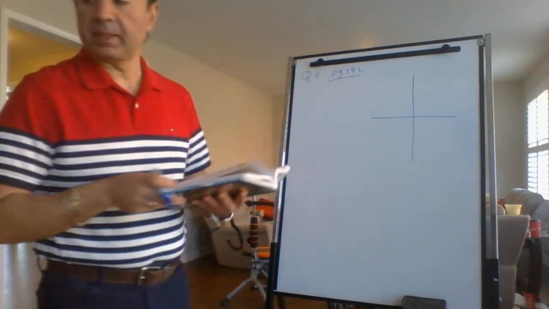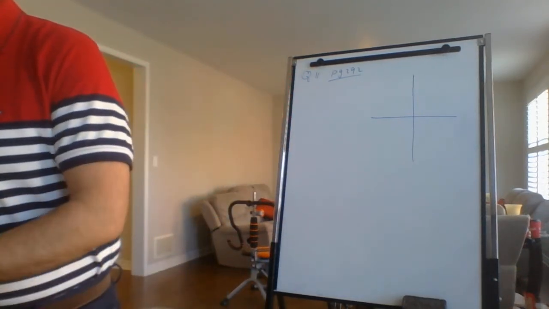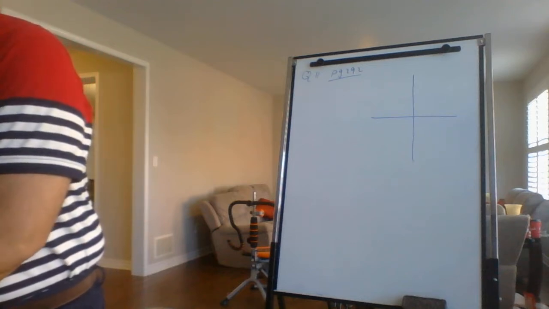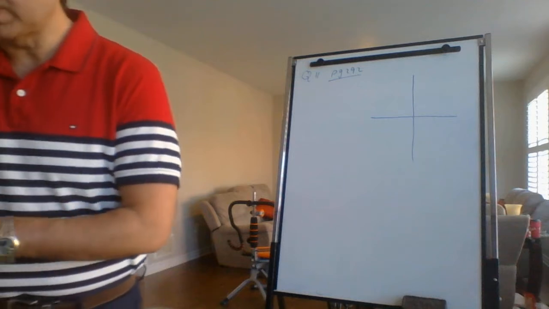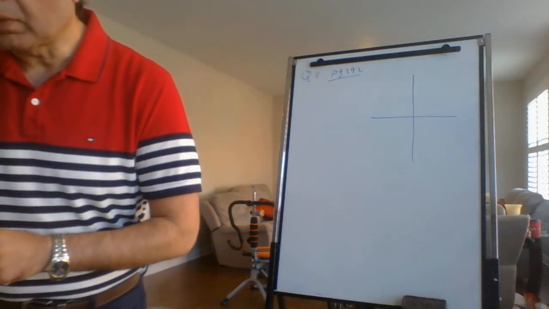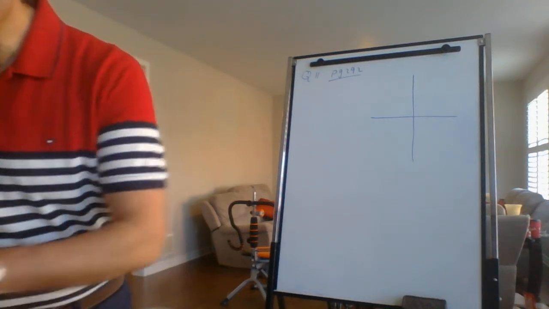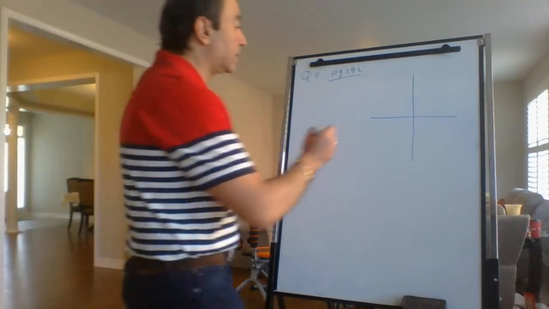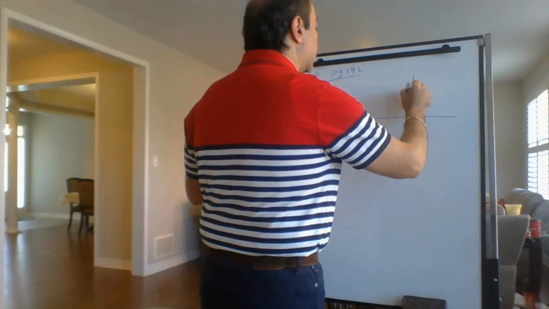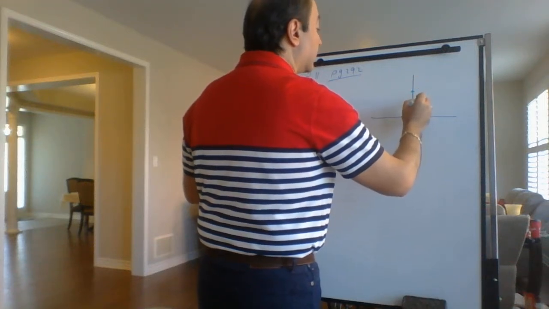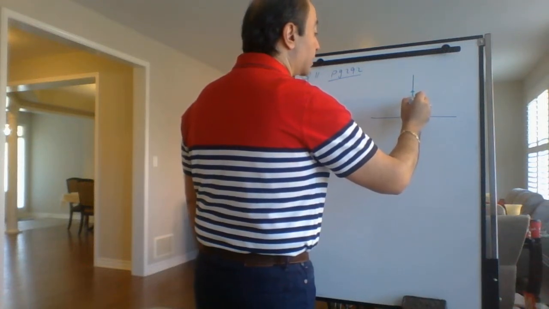We have an aeroplane and it is going with a velocity of 150 km per hour, and it was going north. So this is the vector that represents the aeroplane velocity.